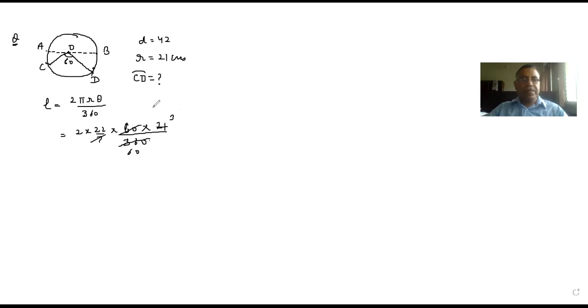So 7 into 3 is 21, 60 over 360 is 6. This is 2. This is 10. 22. So L is equal to 22 over 10, which implies length of arc is equal to 2.2 centimeters.